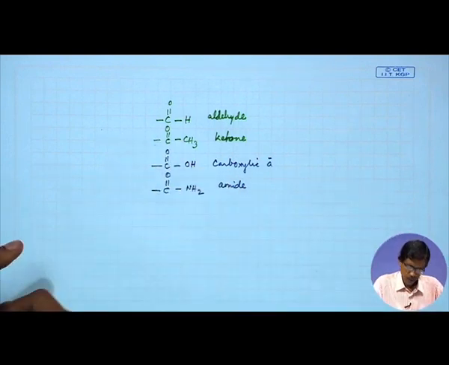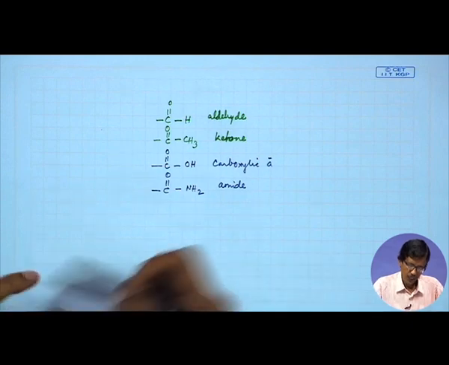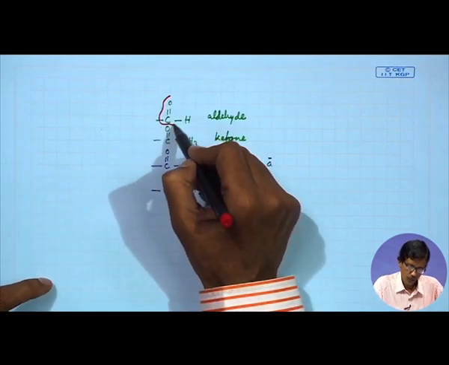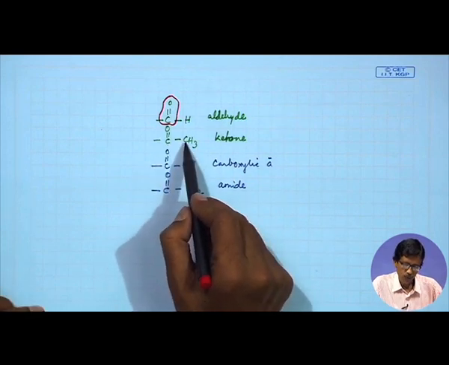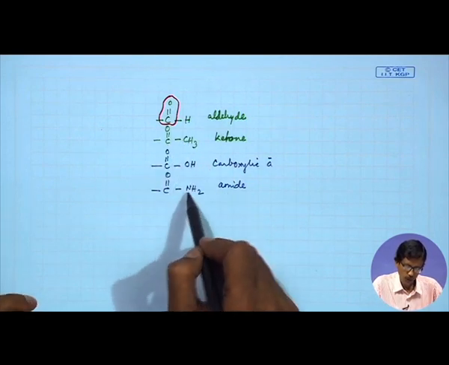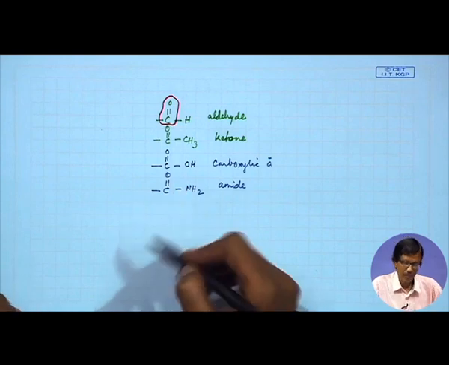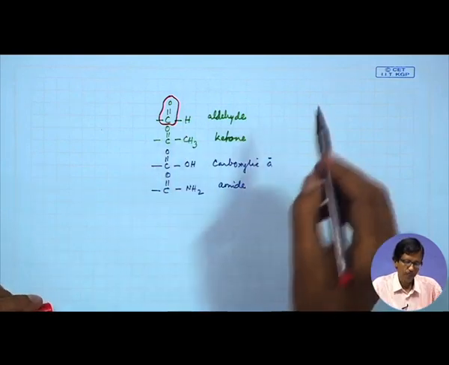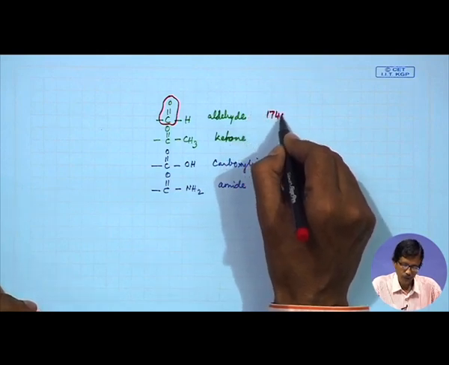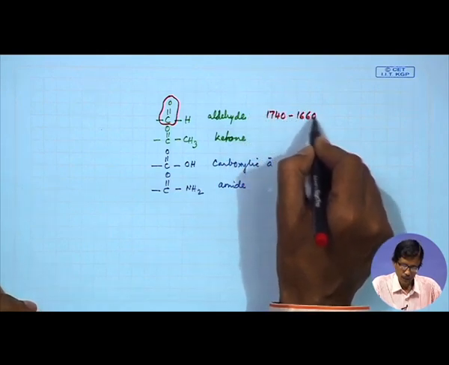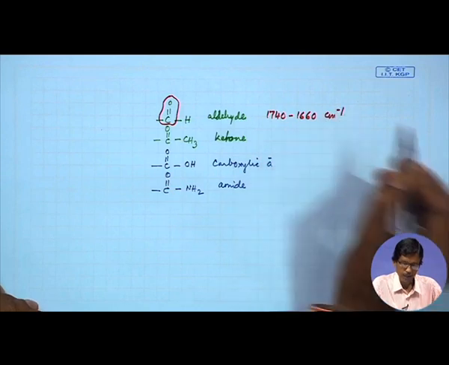So, we try to see the main function, that means the C=O function, and the attachment of this carbon with either carbon or oxygen or nitrogen will slightly modify the basic value of this carbonyl function, which is 1740 to 1660 centimeter inverse.